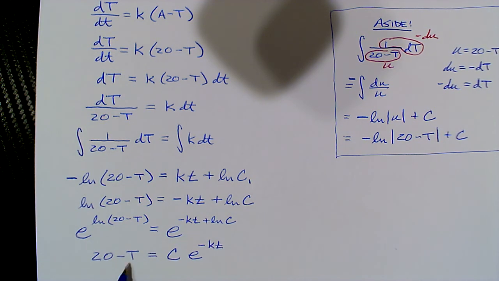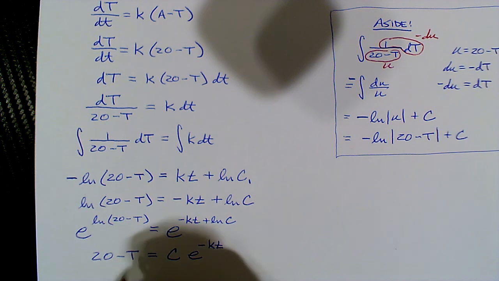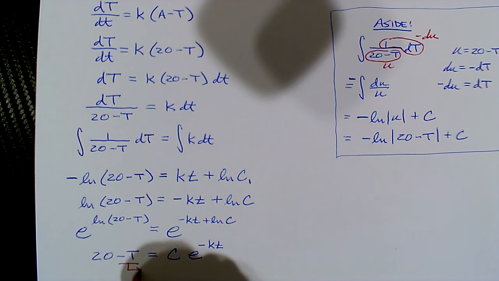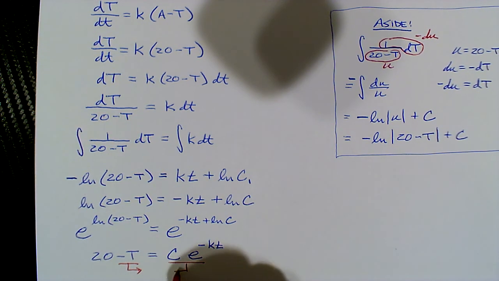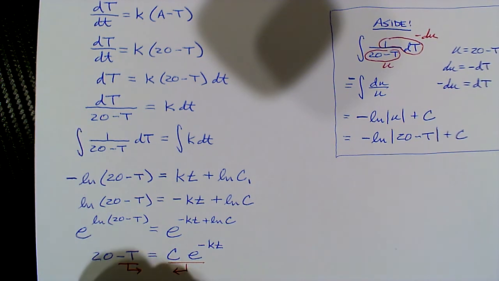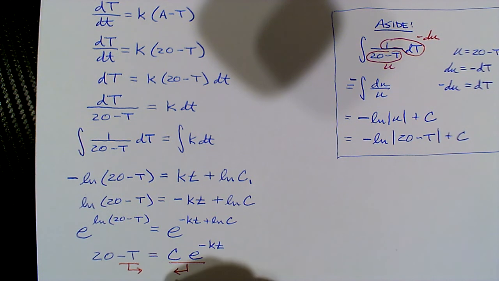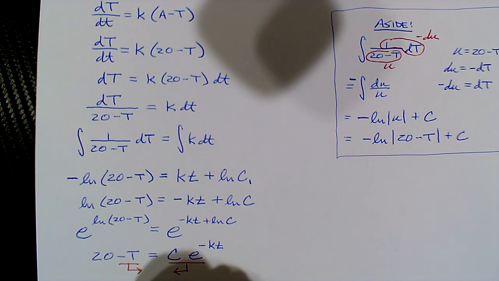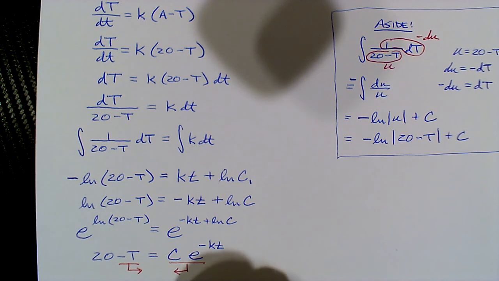I'll move the negative T to the right and the c e to the negative kt to the left, and say that T is equal to 20 minus c e to the negative kt.